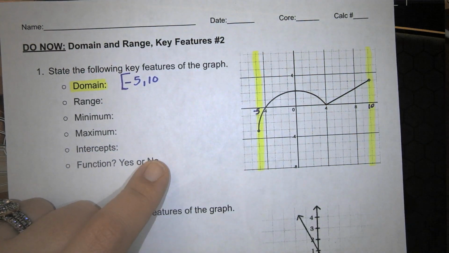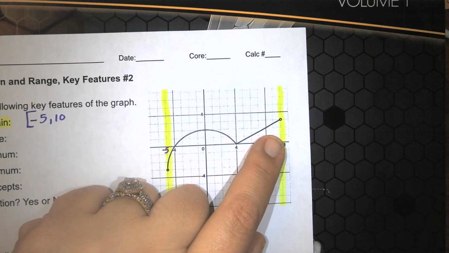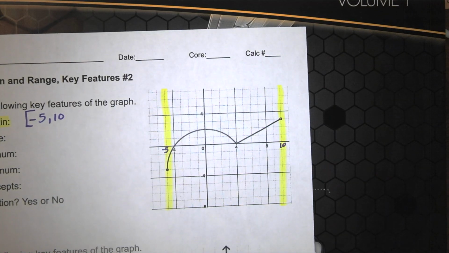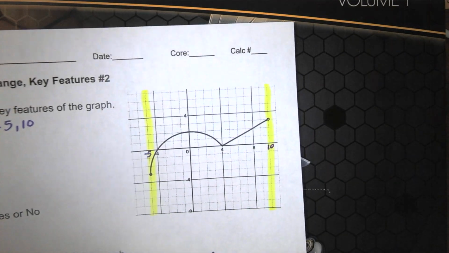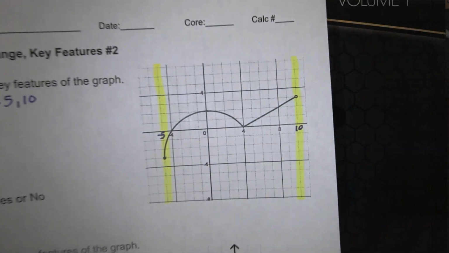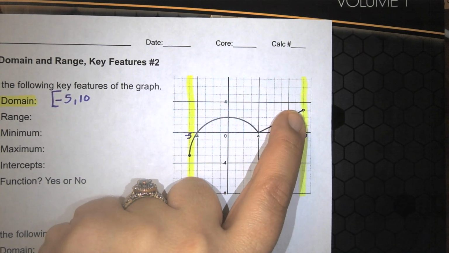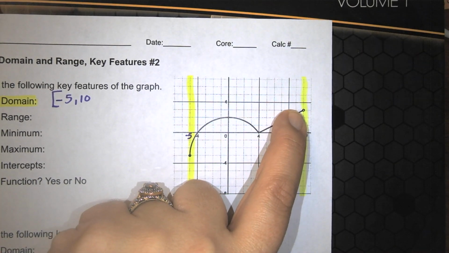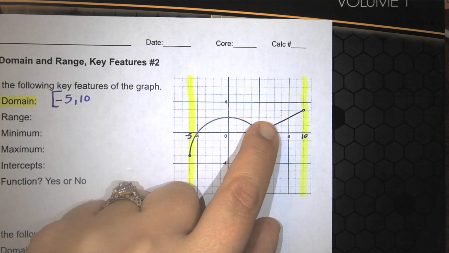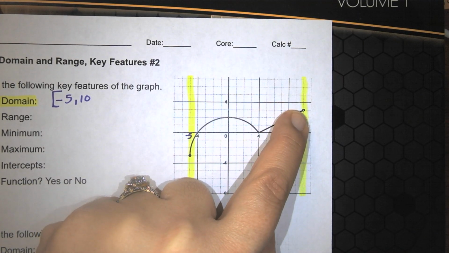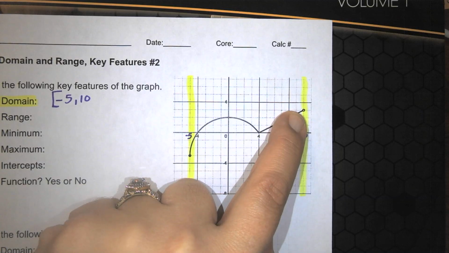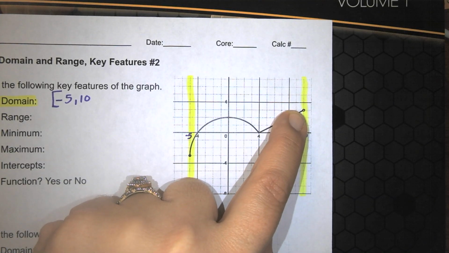If I look at the 10, and I'm not sure how well you can see this, so I'll zoom in a little bit here. If I look at the 10, see how there's like an empty circle there? So this little empty circle tells us that it's not really a point on this graph. The graph is going all the way up to where 10 is, but not actually getting to 10. So we wouldn't want to include 10 in our domain.